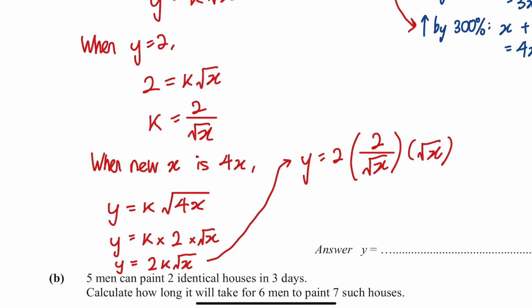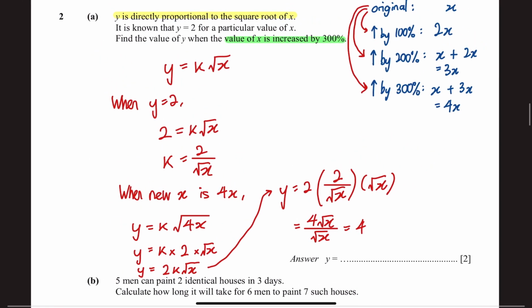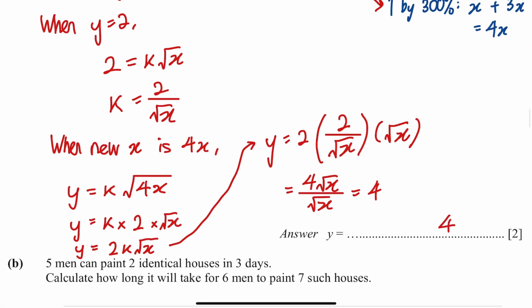Then you notice over here, everything will multiply to the numerator. This will become 4 square root x. This square root x will go to the numerator as well. Same thing as this 2 here, over square root x. Then I can cancel out square root x, and your answer will be simply equals to 4. So therefore the answer for question 2a is equal to 4.